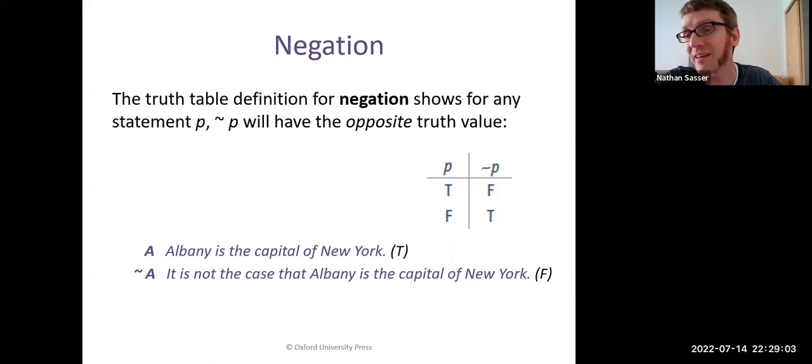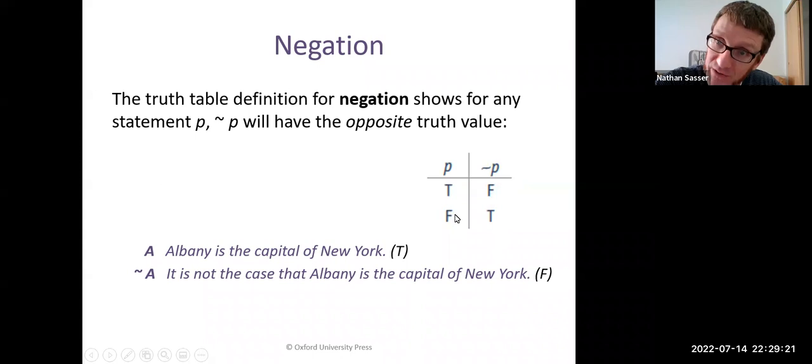So for example, let's say that P was statement A: Albany is the capital of New York. Now, if it's true that Albany is the capital of New York, then it's false that Albany is not the capital of New York.